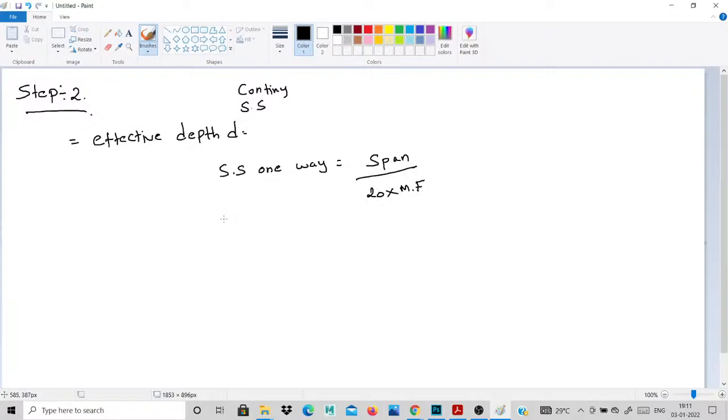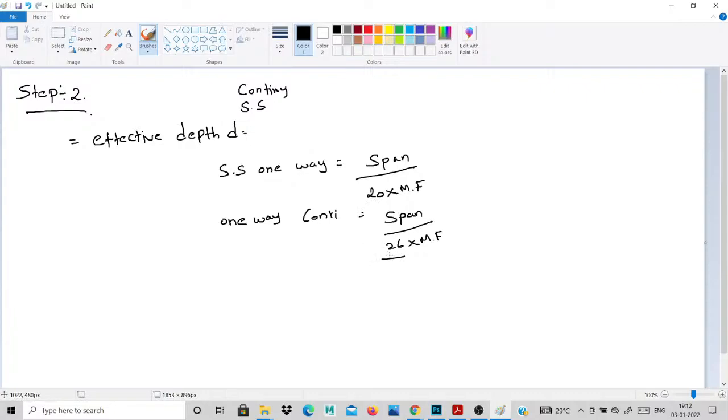If my slab is one-way continuous, meaning both ends are continuous, you provide span by 26 into modification factor. This is the difference for your condition. One-way simply supported uses span by 20; continuous means you go for span by 26.